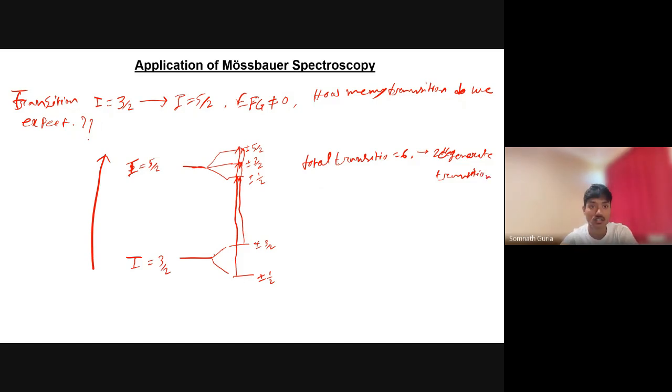If 2 degenerate transitions are there, we will get a total of 5 lines. Okay, that's all.